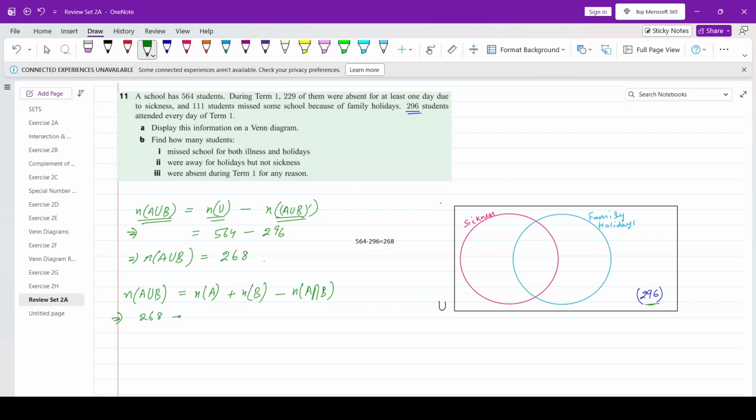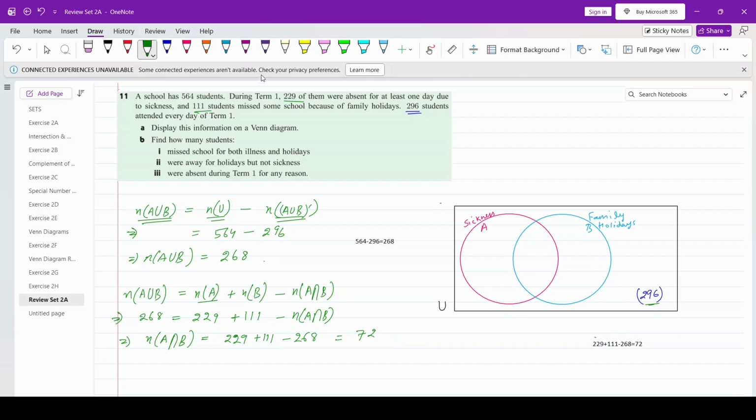This is 268, this is 229, this is 111, minus the number of elements in A intersection B. Here sickness is A and family holidays is B. So the number of elements in A intersection B is 229 plus 111 minus 268, that is 72.